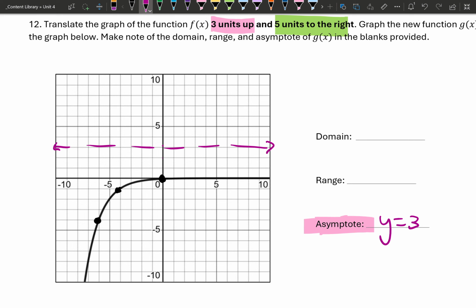3 up, 5 right. 1, 2, 3. And where's green? There it is. 1, 2, 3, 4, 5. Cool.